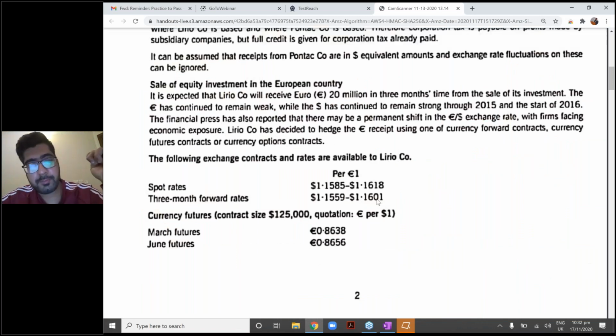What is the local currency? It's dollar. The home currency of euro is dollar. The rates are $1.1559 per euro. Per euro means euro is in the denominator. So dollar per euro: dollar in numerator, euro in denominator.